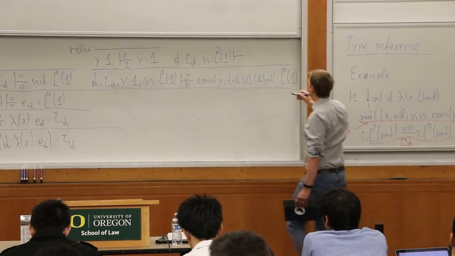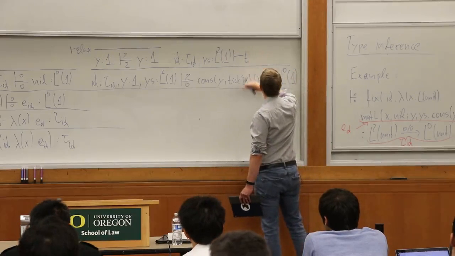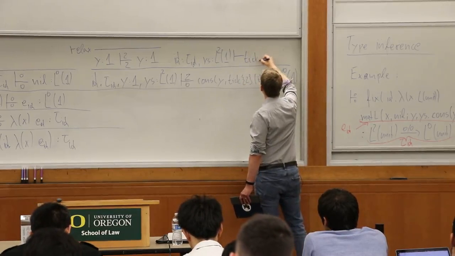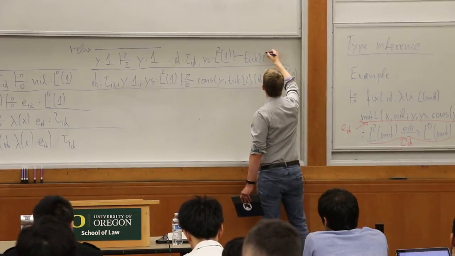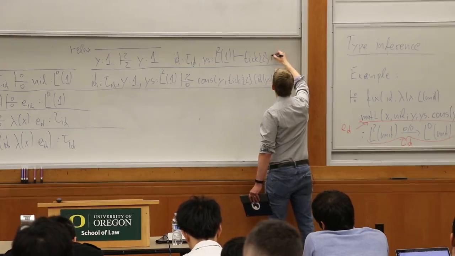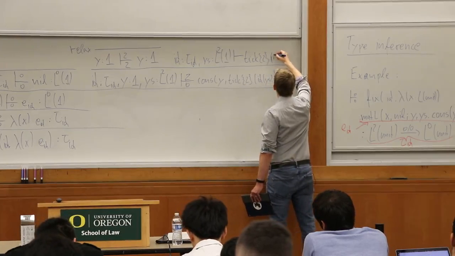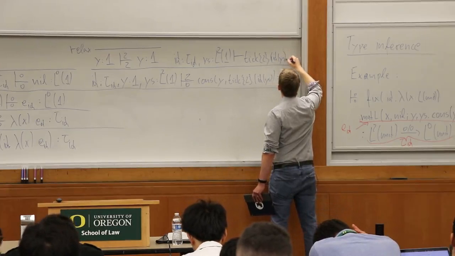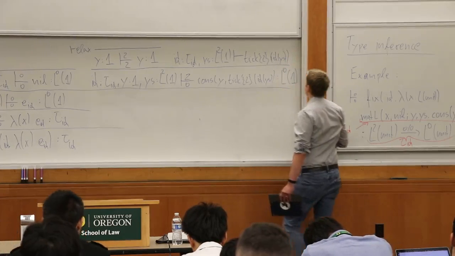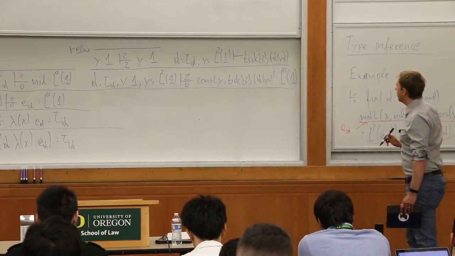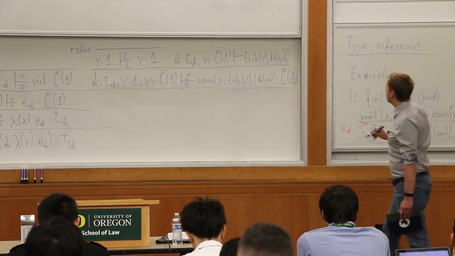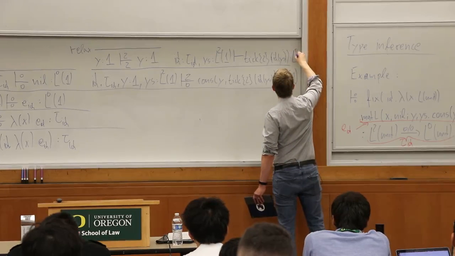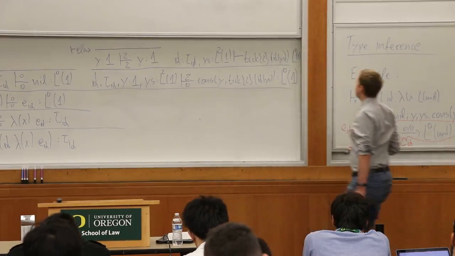And so what is it for the E2 in the cons? The tick 2, ID, y's. And the type of this whole thing should still be L0 of 1. Sorry about that.